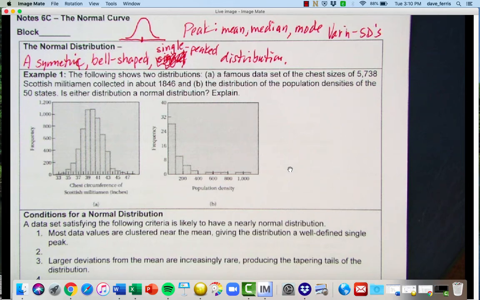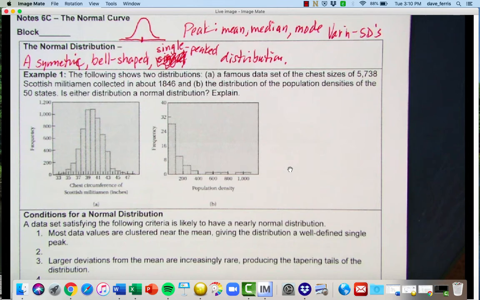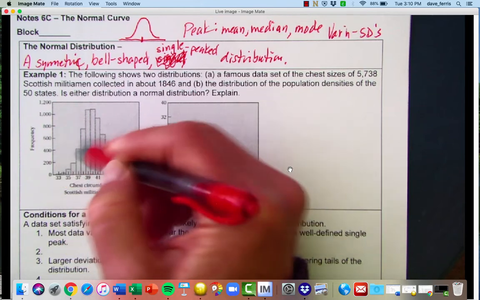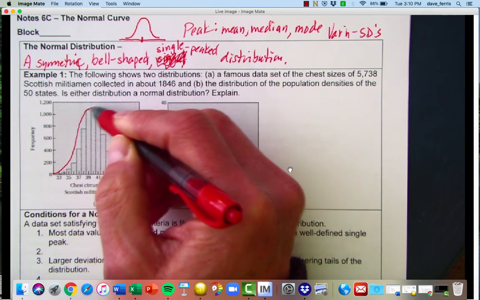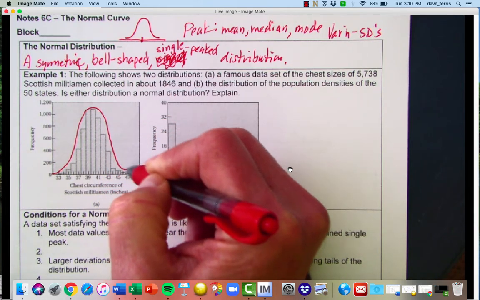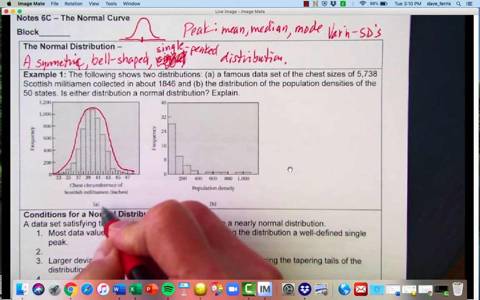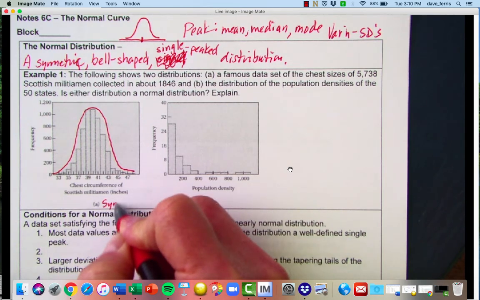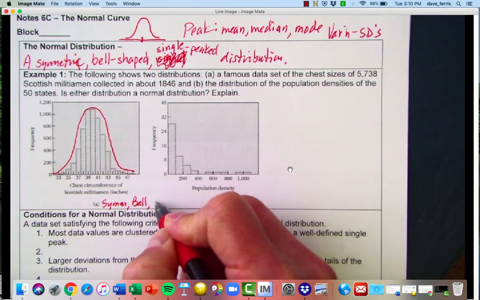So example one is just simply looking at two distributions of data and saying, are either of those what we would call a normal distribution? Well, if you look at the first one, I know this is a histogram, so it's kind of jaggedy, but if you can imagine making a shape out of it with a very smooth curve, it looks like it fits all three criteria. It is symmetric, it's bell-shaped, and it has one peak.